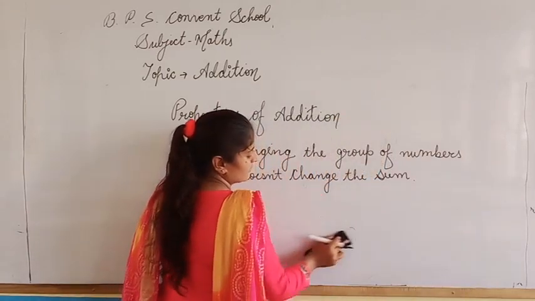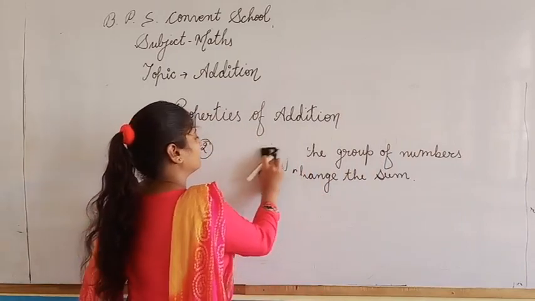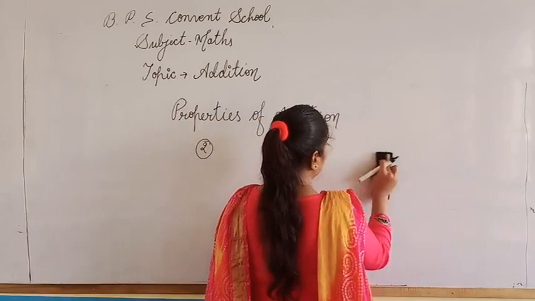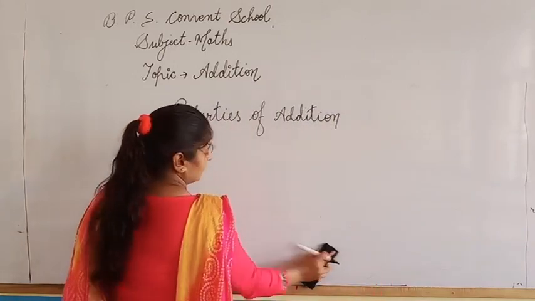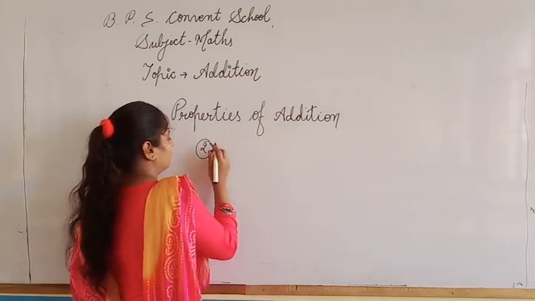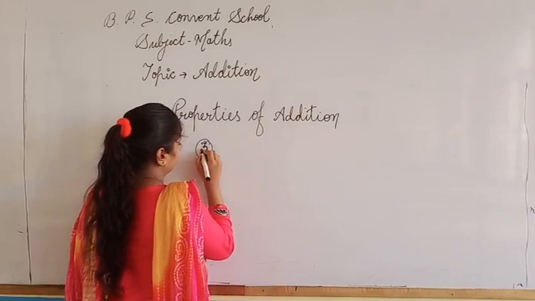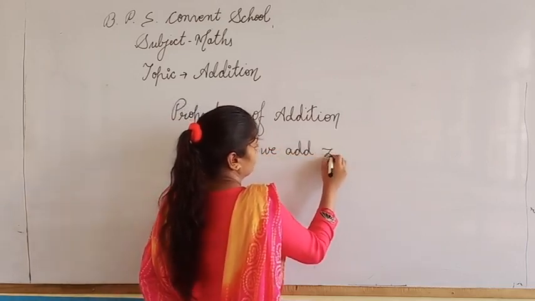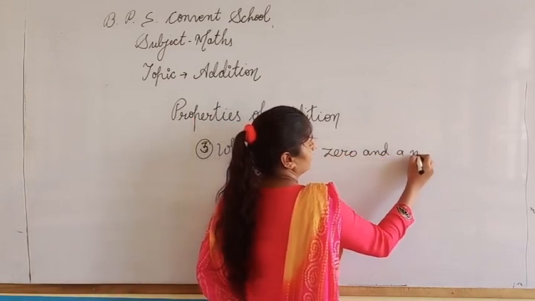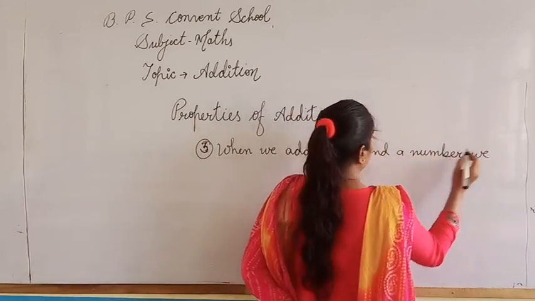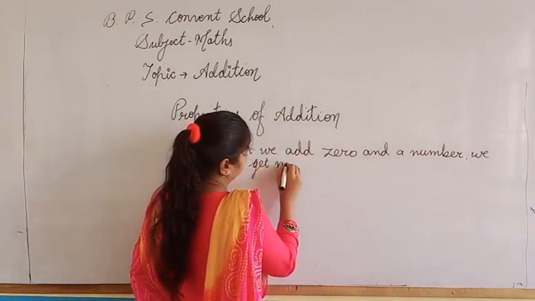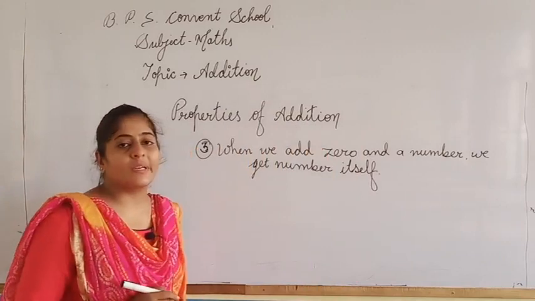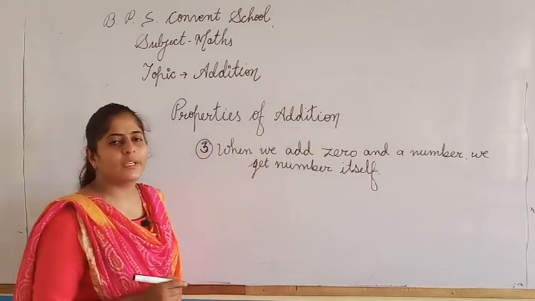Next and last property of sum. Next property is when we add 0 and a number, we get the number itself.